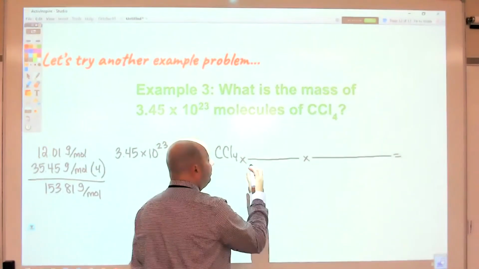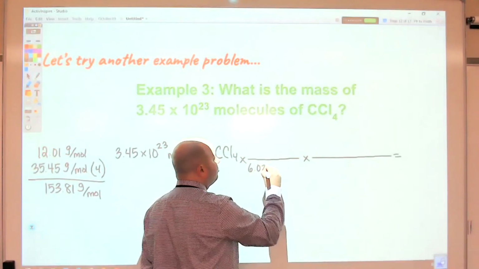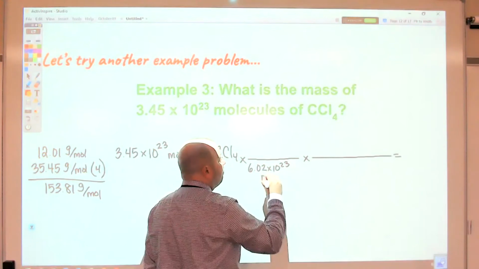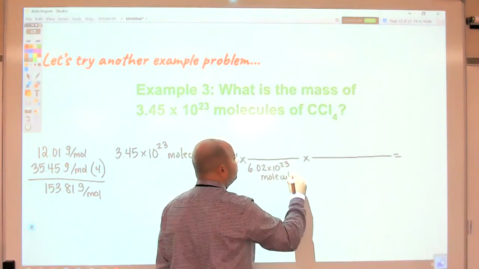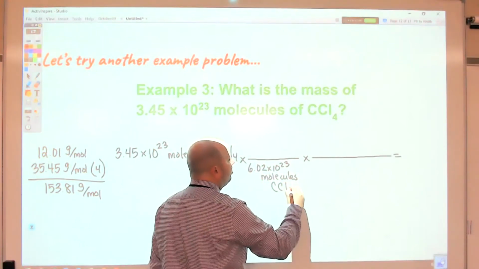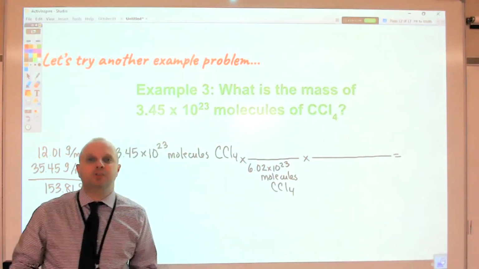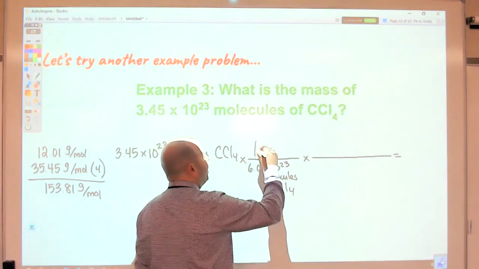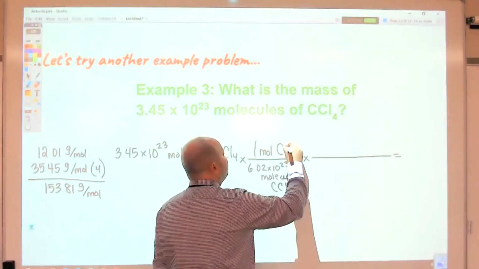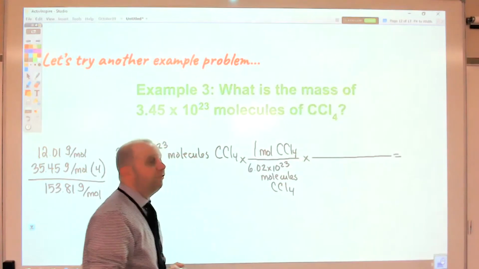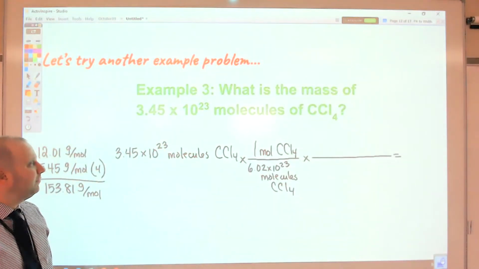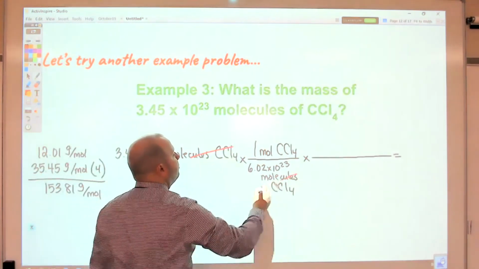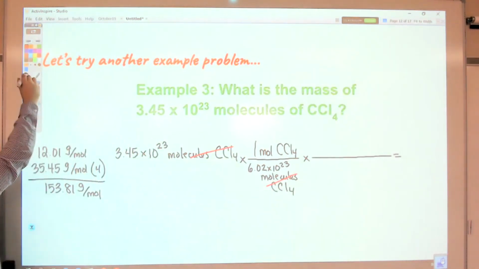And on the first one, remember, we're going to put Avogadro's number times 10 to the 23rd. In this case, it's molecules of CCl4. And I apologize, there is no shorter abbreviation for the word molecules. On top, we're going to have 1 mole of CCl4. This will allow me to cross out my units of molecules of CCl4.